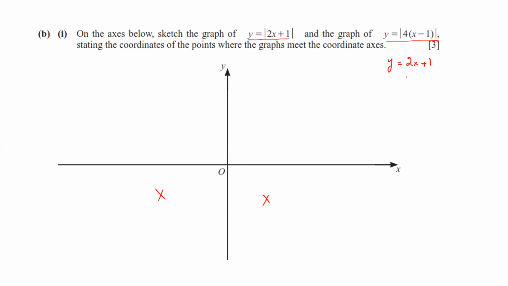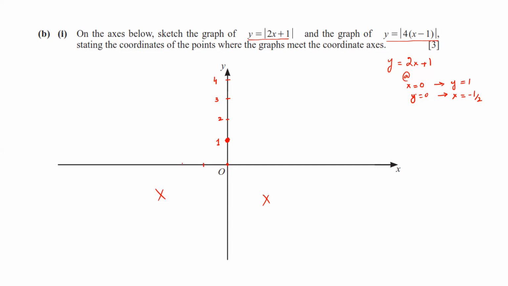At x equals 0, your y is equal to 1. So when x is here, your y value is 1. Say this is 2, this is 3, this is 4. And when your y value is 0, your x is equal to minus 1 by 2.